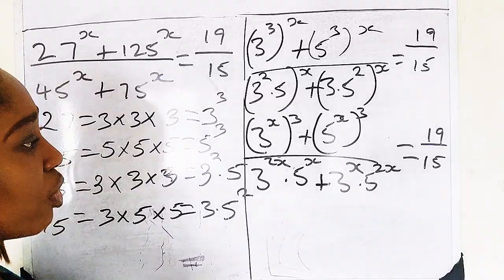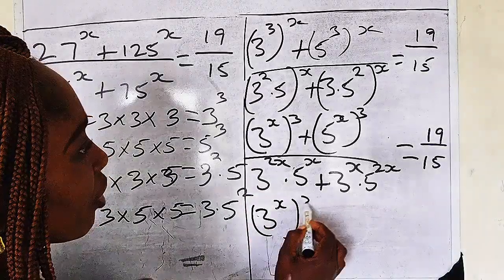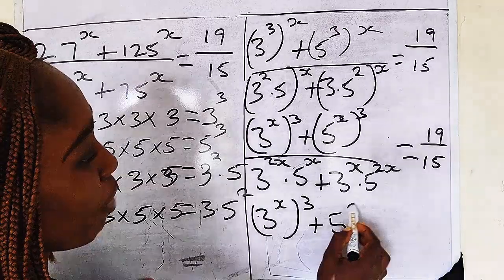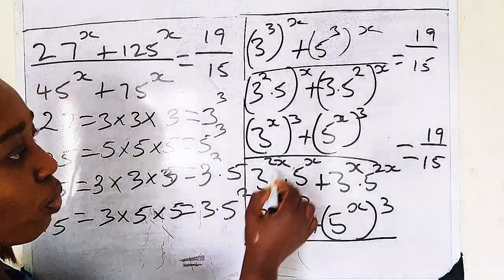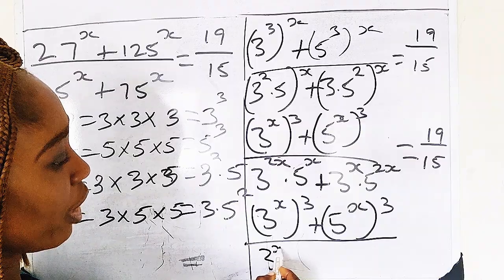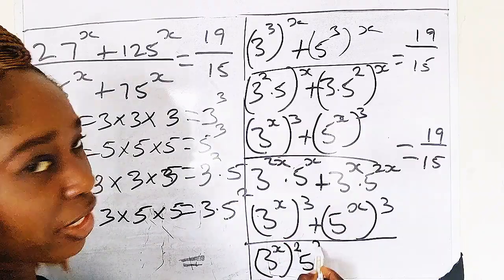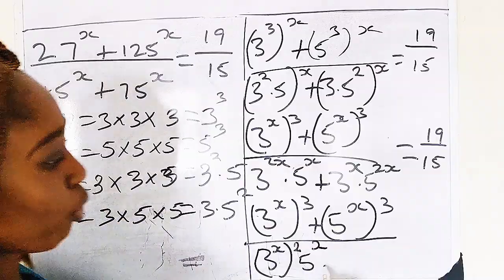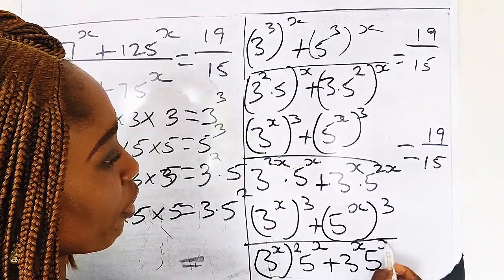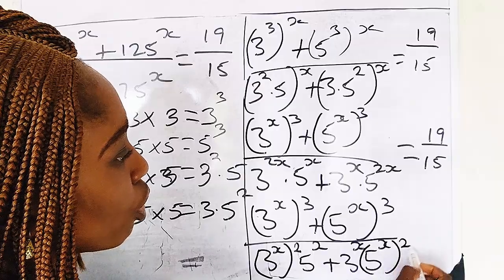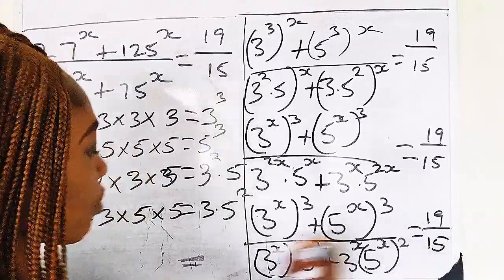If we do that, we have 3 to the power of x bracket 3 plus 5 to the power of x bracket 3 all over 3 to the power of x bracket 2 times 5 to the power of x, plus 3 to the power of x times 5 to the power of x bracket 2. All is equal to 19 over 15.